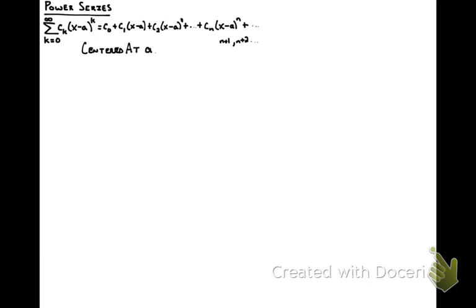It might look something like this. From a, our series and our function can match up in this direction and in this direction for a while. Right, and after a little bit, the graphs may diverge.